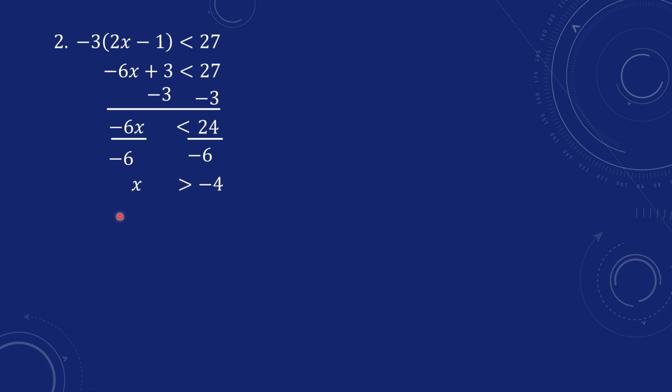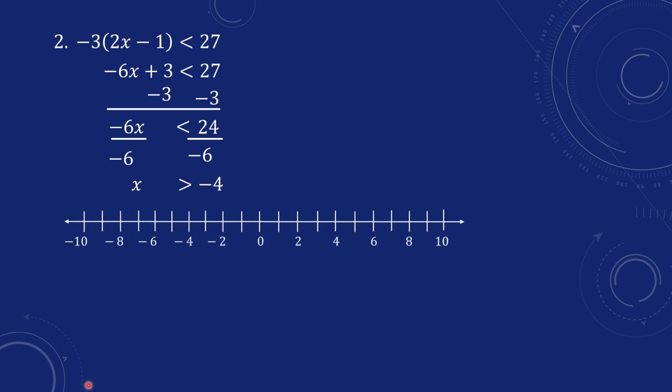The values of x are all real numbers greater than negative 4. Let us graph this on the number line. Draw an open circle at negative 4, and then shade this part of the line to the right of negative 4 going to positive infinity.